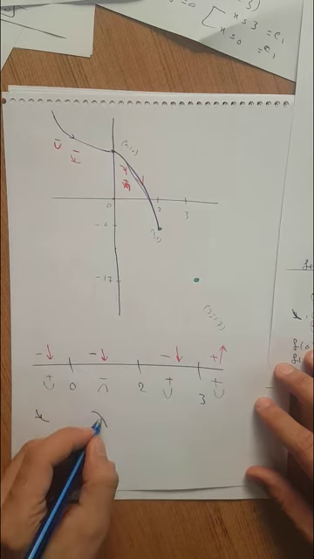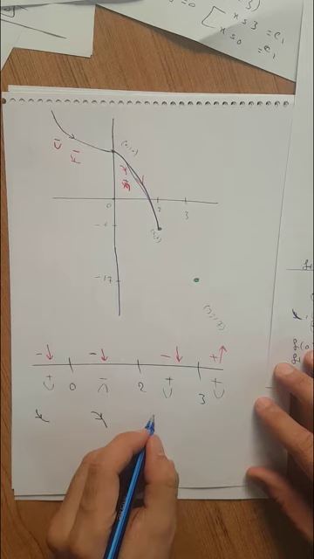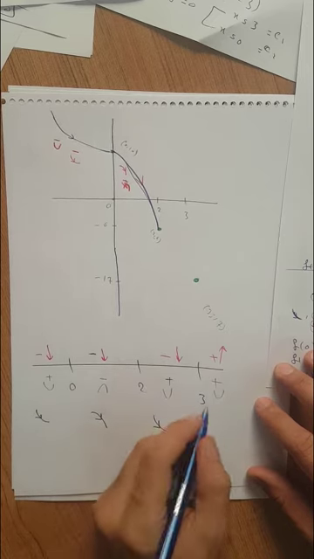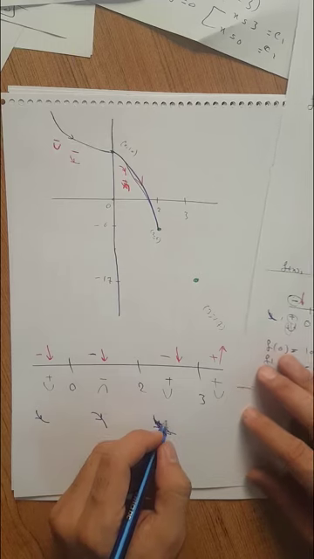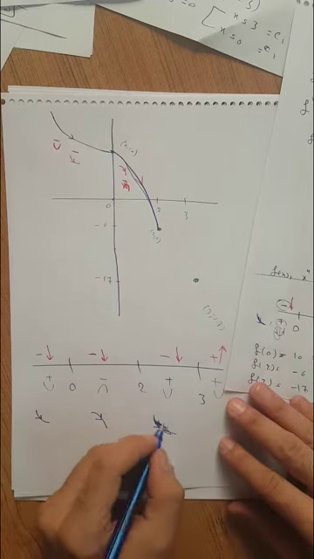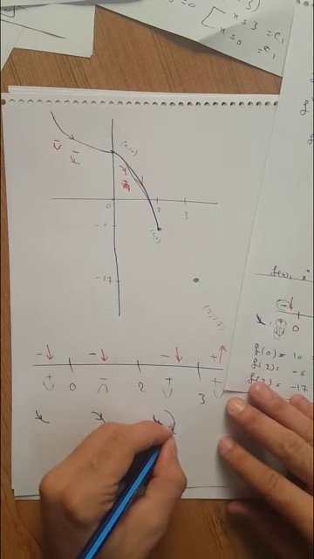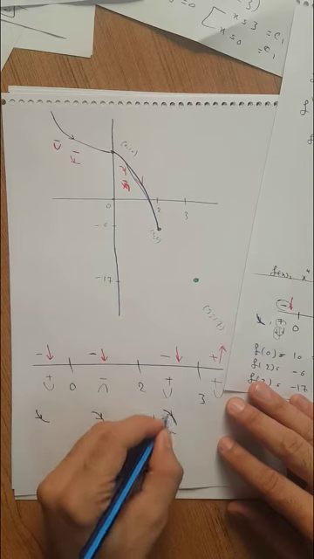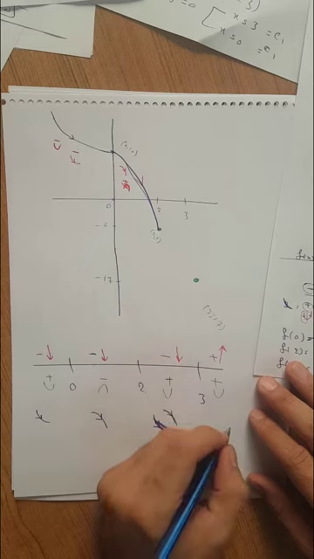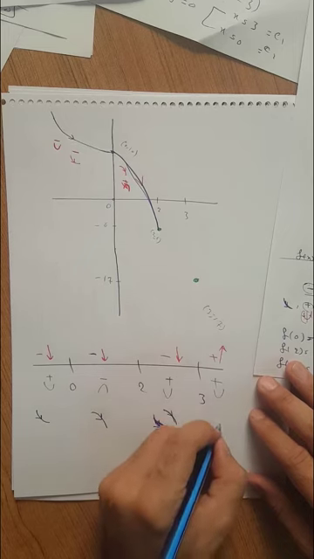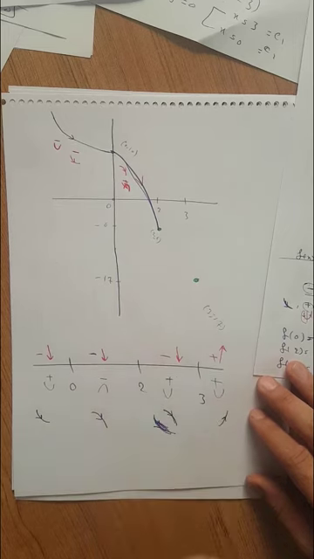Decrease and down. Decrease and up. Sorry. Increase and up. Increase, and decrease and up. Decreasing and up. And increasing and up again. Increasing and up. Like that. Okay.